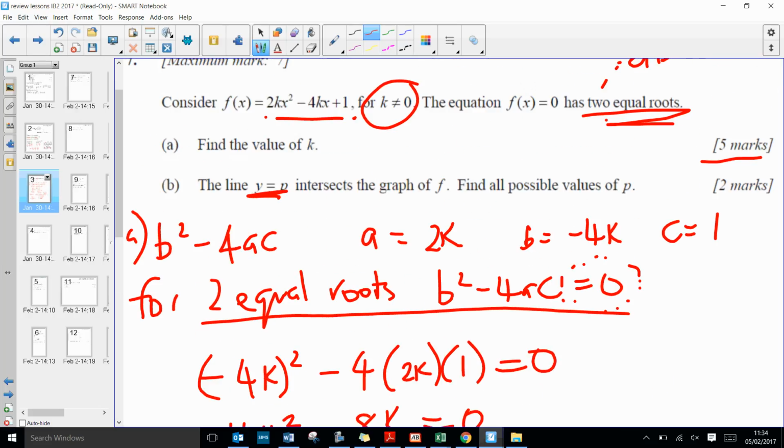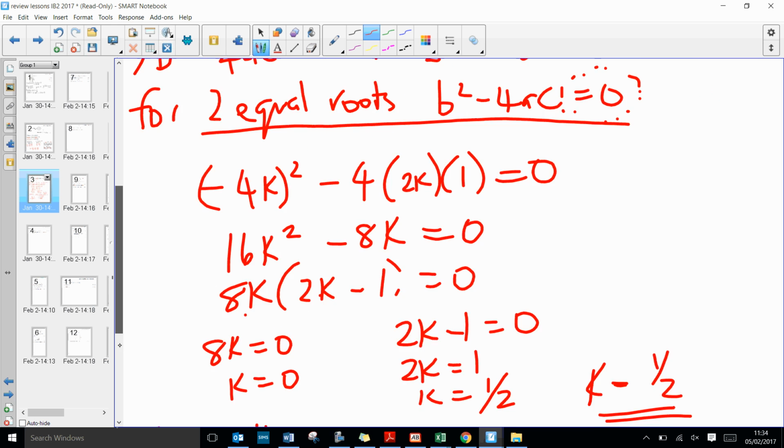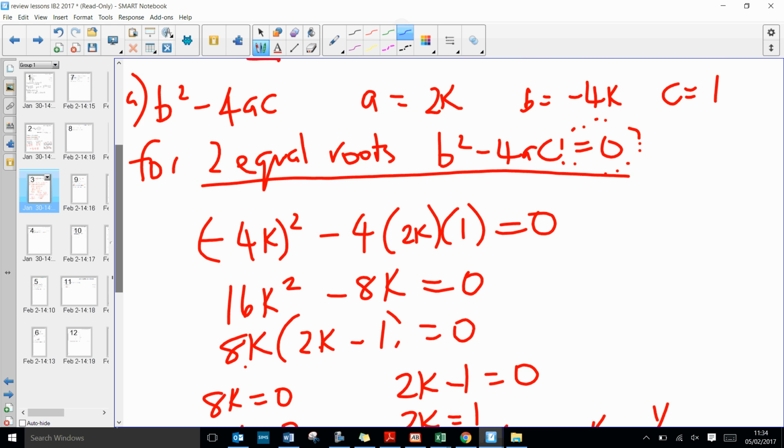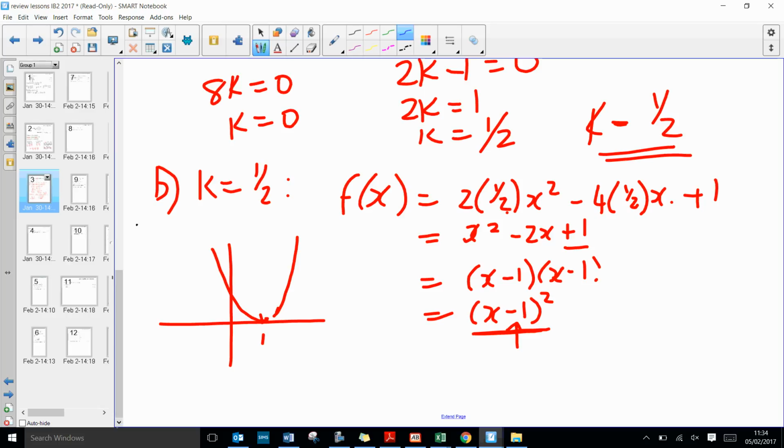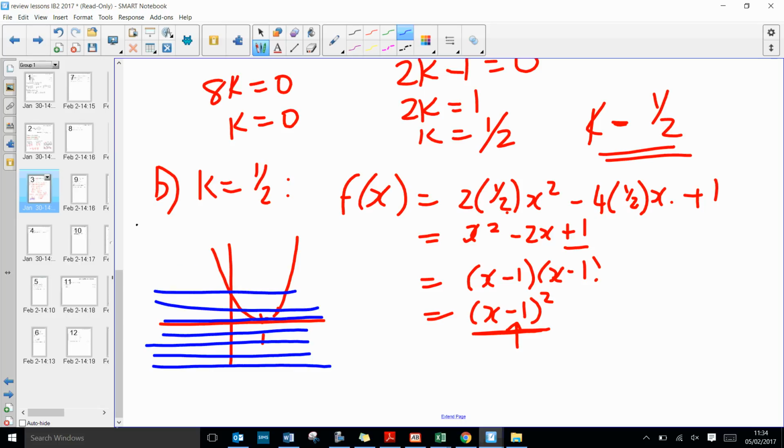Well, clearly, she hopes it's clear, that if we had any horizontal lines down here, they wouldn't cross the graph. They would only start touching the graph above here. Perhaps I should have used a different colour. In other words, that y has to be greater than or equal to 0.